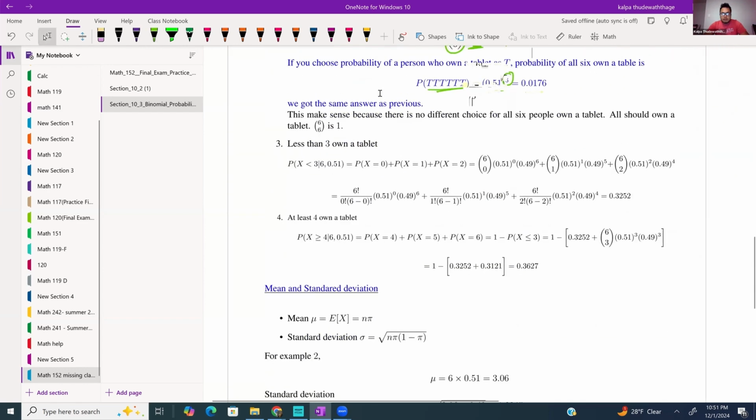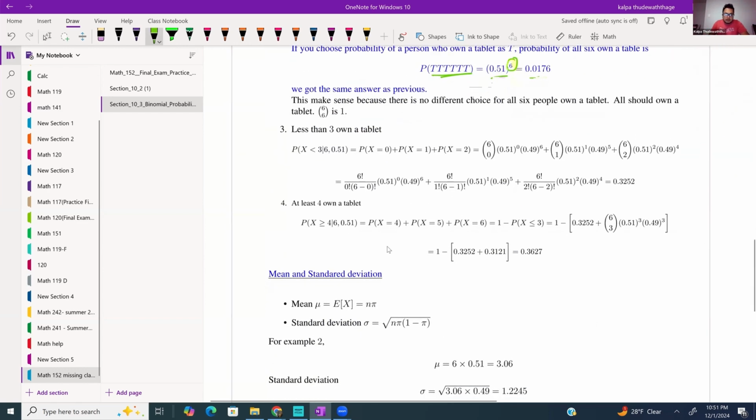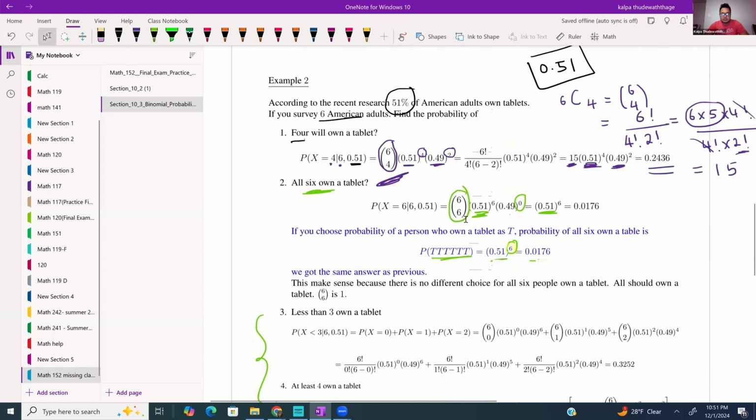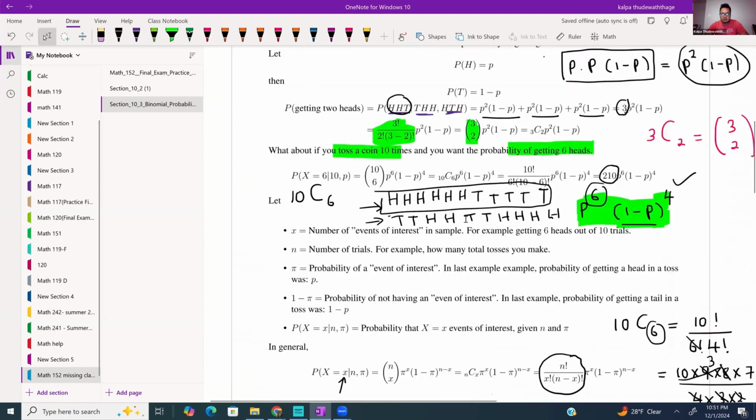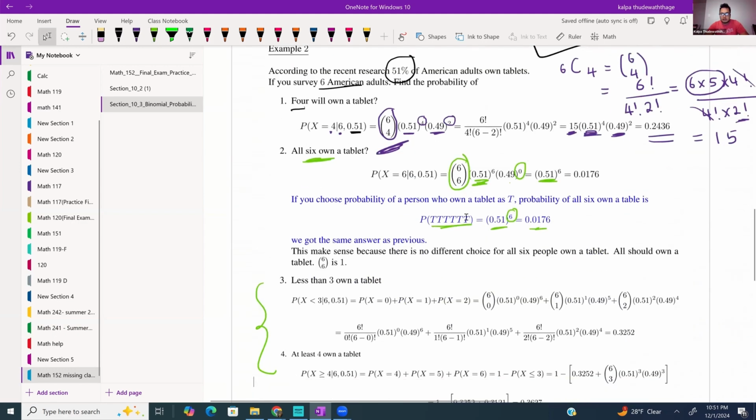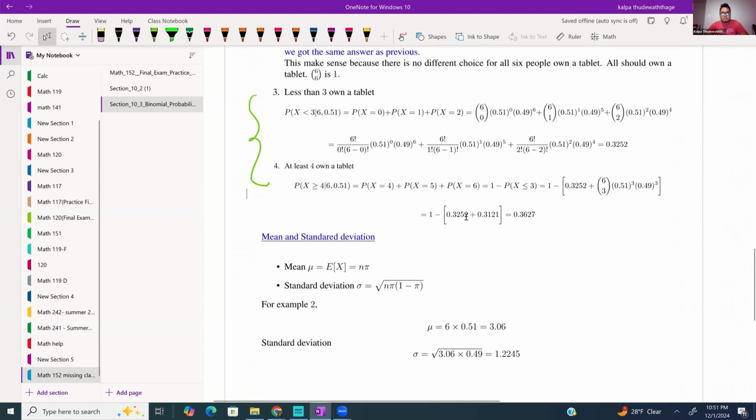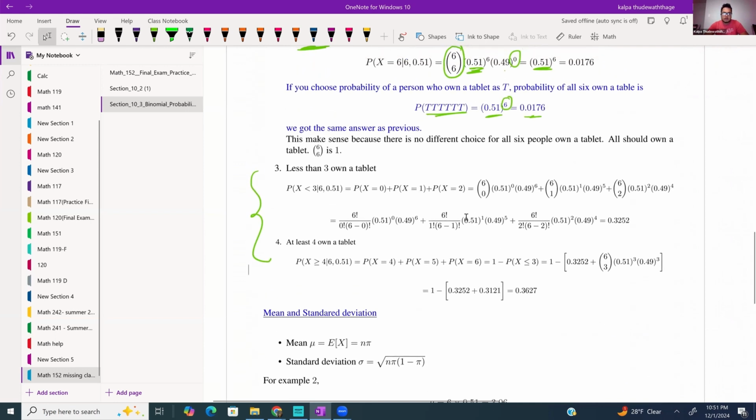Right. So this part I will explain, but remember this section, I'm not going to ask a final exam question from this problem, this concept or section. This is an extra section for your knowledge. Less than 3 people own a tablet.